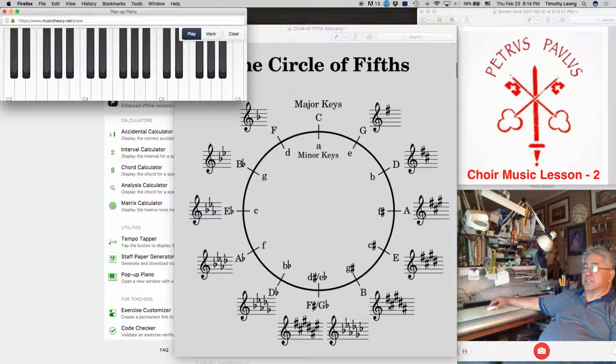They love these guys. The thing is for you to understand how to establish what the key signature is by looking at the music in the hymn.